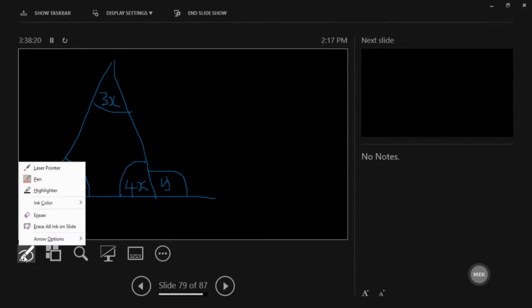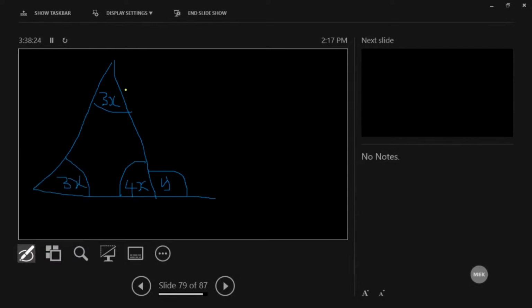So he's saying, we know that the angles in the triangle must add up to 180 degrees. So from our knowledge of algebra, 3x plus 3x plus 4x. All of those angles must add up to 180 because they are angles in a triangle.